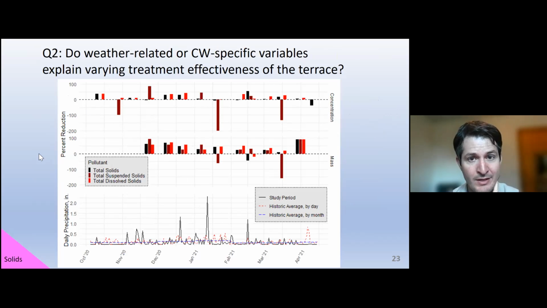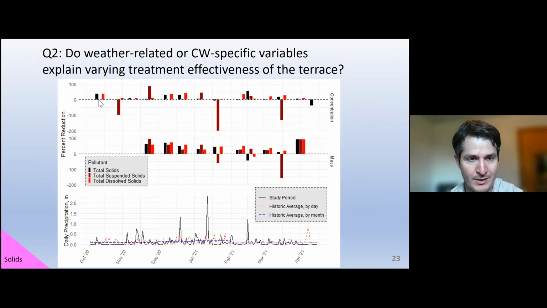So this graph attempts to use the daily precipitation figure from before and overlay it in time series with concentration and mass-based reductions for each event.